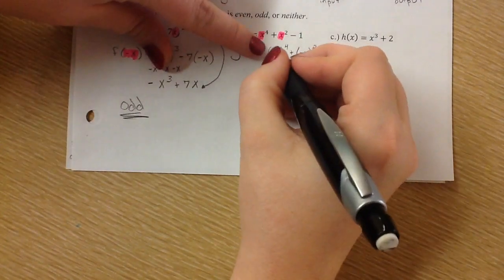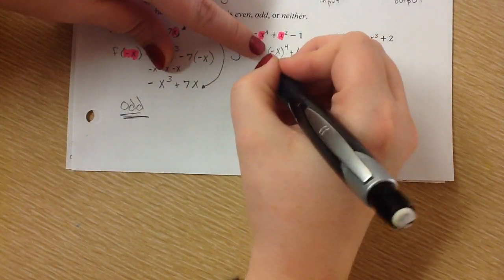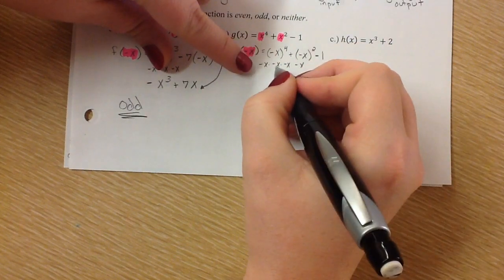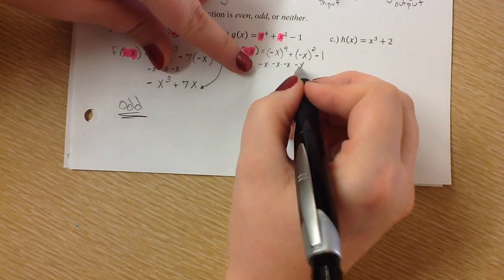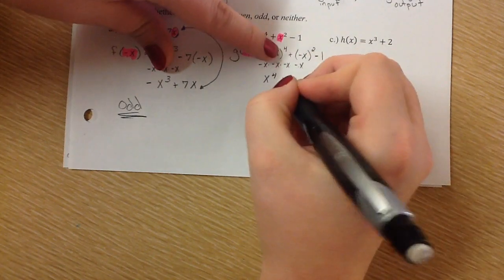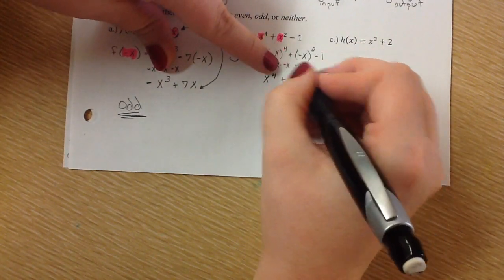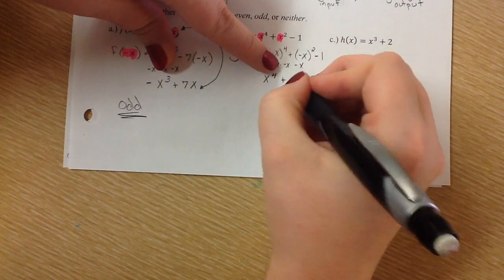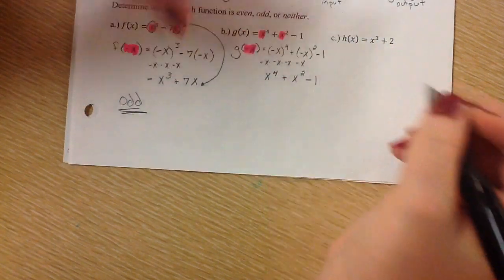Okay, now I simplify. -x to the fourth, -x times -x times -x times -x, negative times negative times negative times negative, that's positive. So positive x to the fourth. -x times -x, that's just two of these. Negative times negative is positive, x times x is x to the second. And then we still have our minus 1.